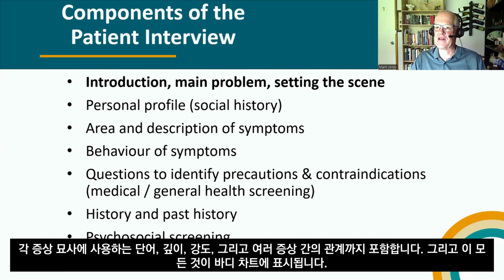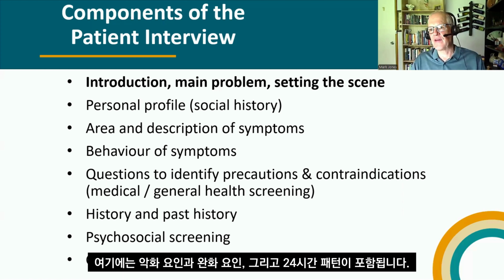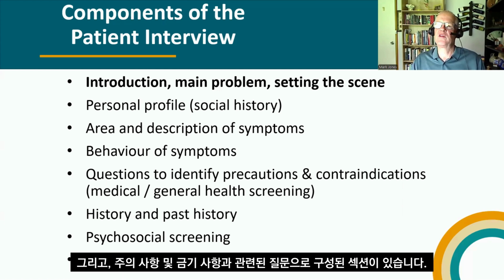And this all is mapped out on our body chart. Then we go through detailed questioning about the behavior of symptoms, and that includes aggravating and easing factors, as well as the 24-hour pattern.